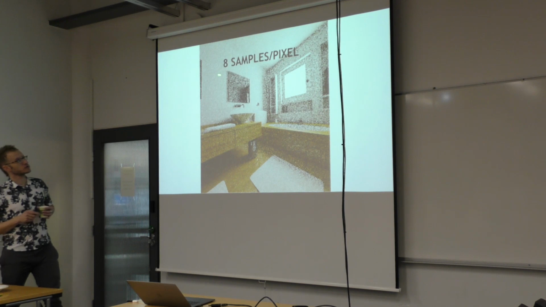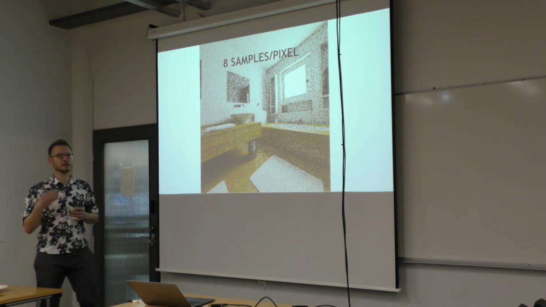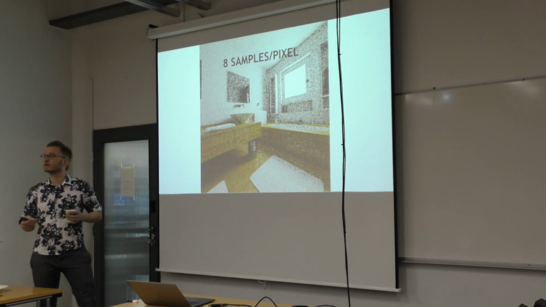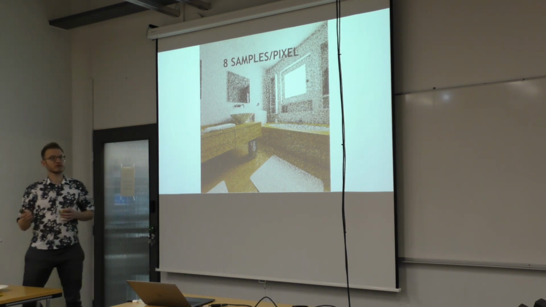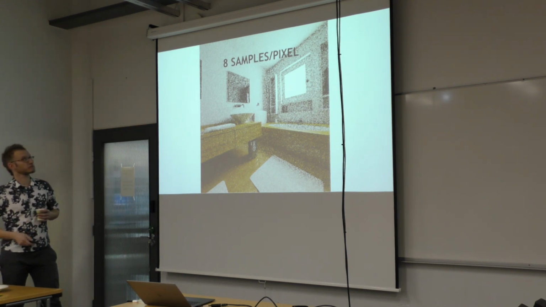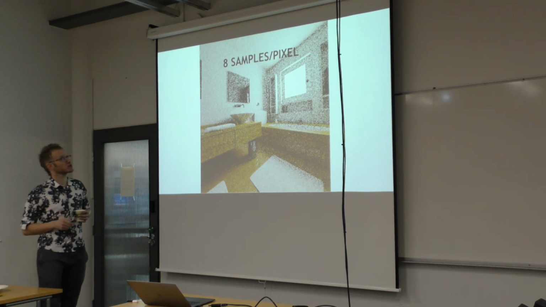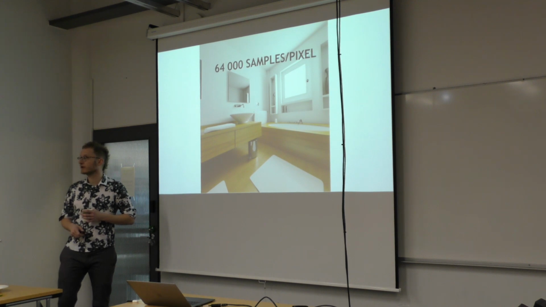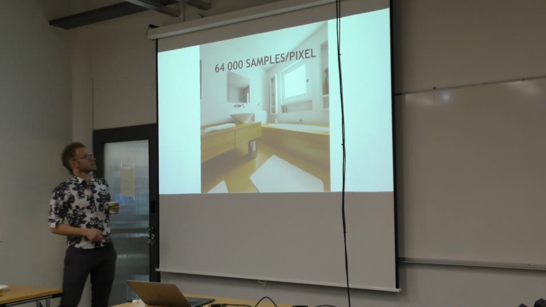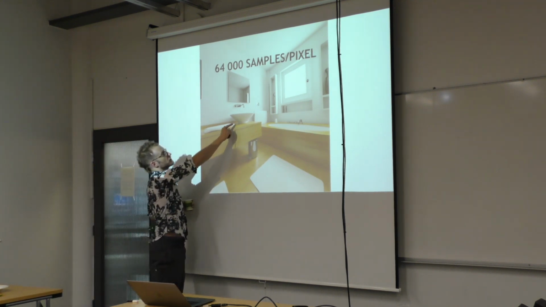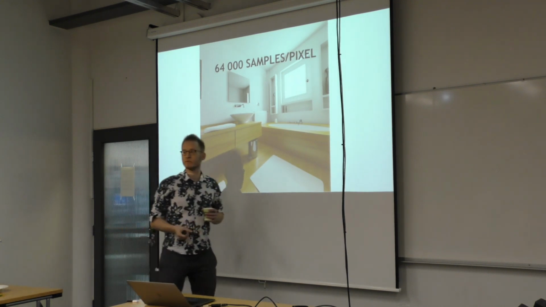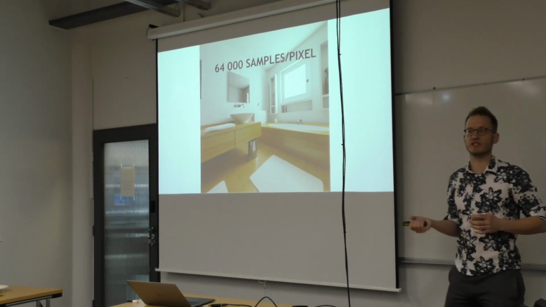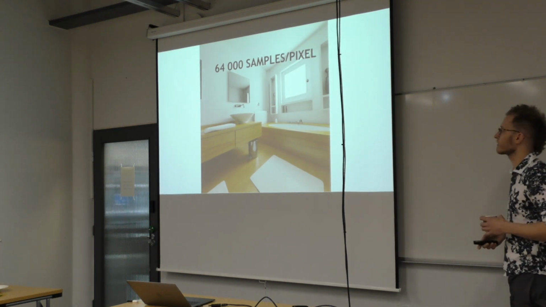Those familiar with Monte Carlo sampling know it's based on drawing random samples. And here, in this context, very literally, the more samples you draw, the better your picture. So this is 8 samples per pixel, and this is 64,000 samples per pixel. I'm not going to zoom in, but if you look very closely, even with this ridiculous amount of computation put into this picture, there's still some residual noise left, even though it's a lot better, of course, than the original one.